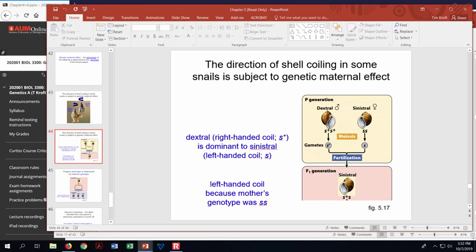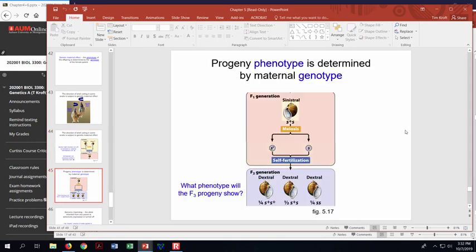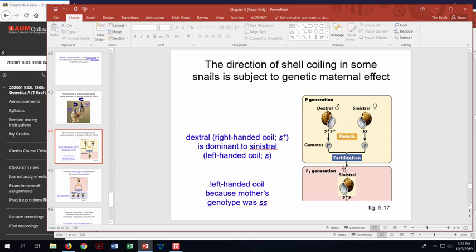This one is dextral because its mother was little s blank, or s plus blank. These are all sinistral, even though they have an S plus, because the genotype of the mother determines the phenotype of the offspring.